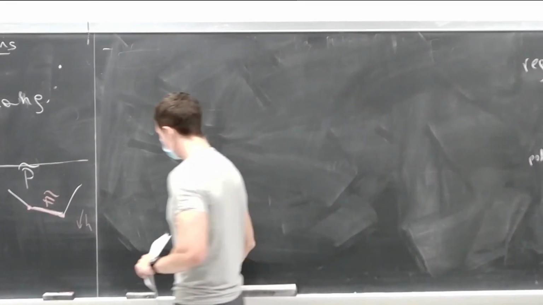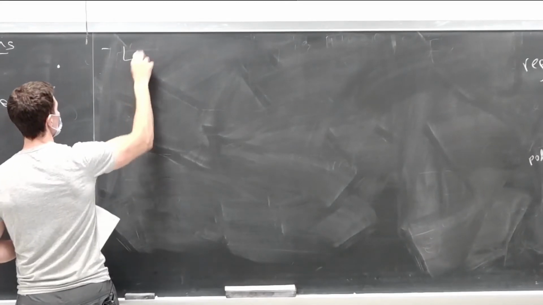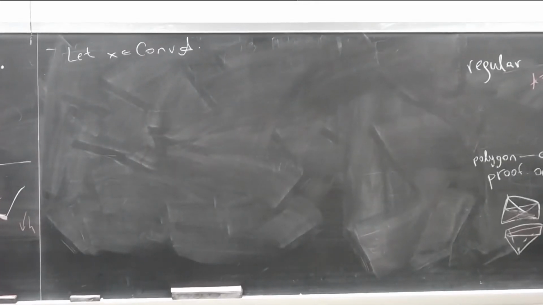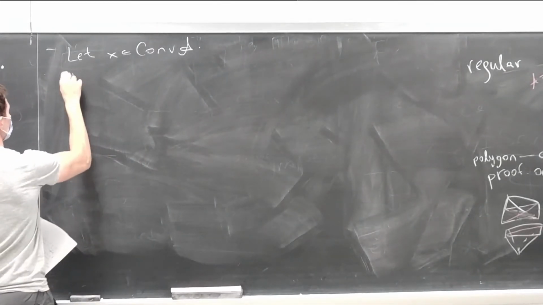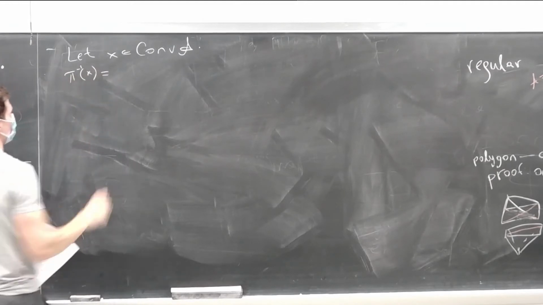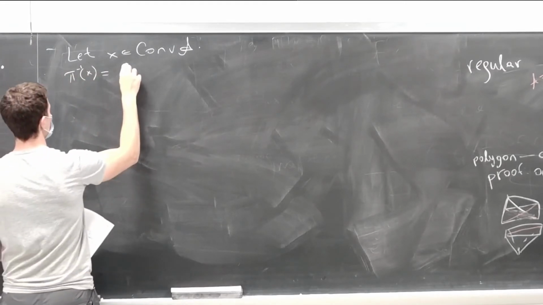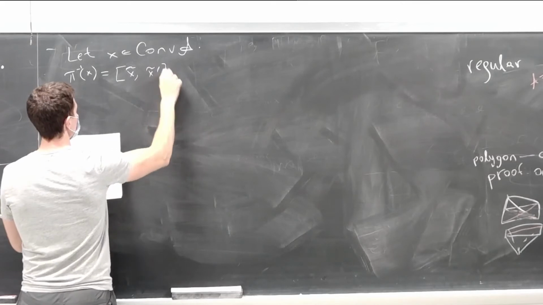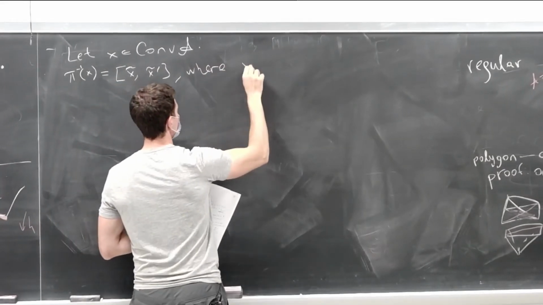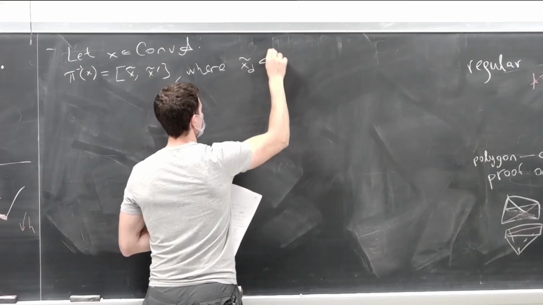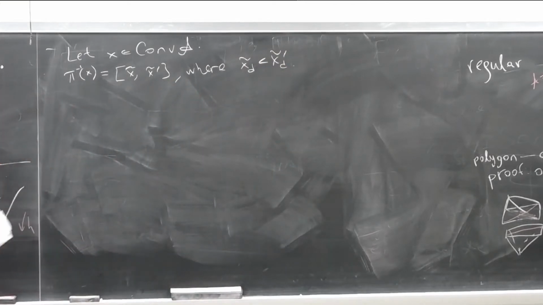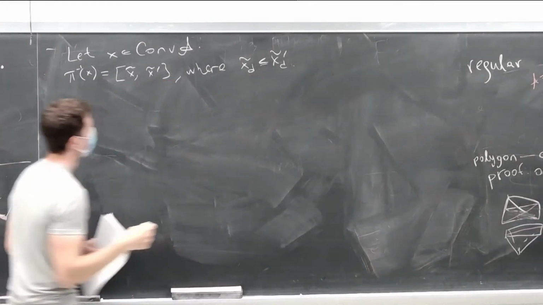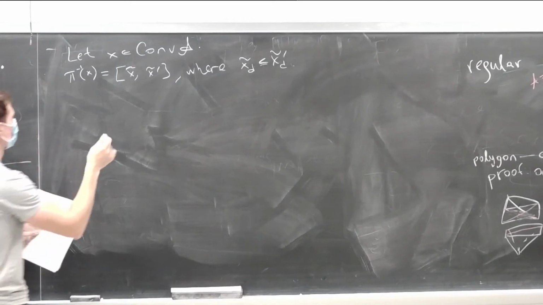So suppose that x is inside the convex hull of A, then the preimage of x is a line segment of the form x tilde and x tilde prime, where, let's say, x tilde sub d is less than or equal to x tilde prime sub d. If they're equal, then it's fine.